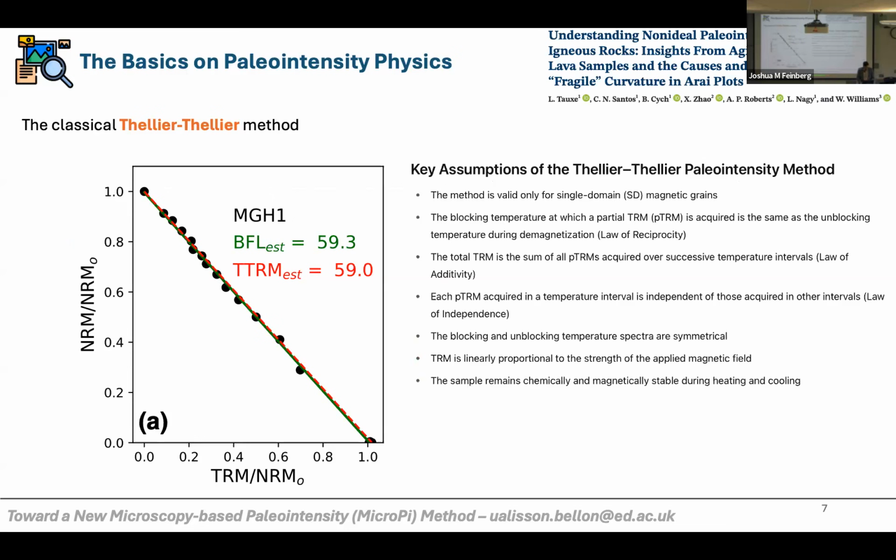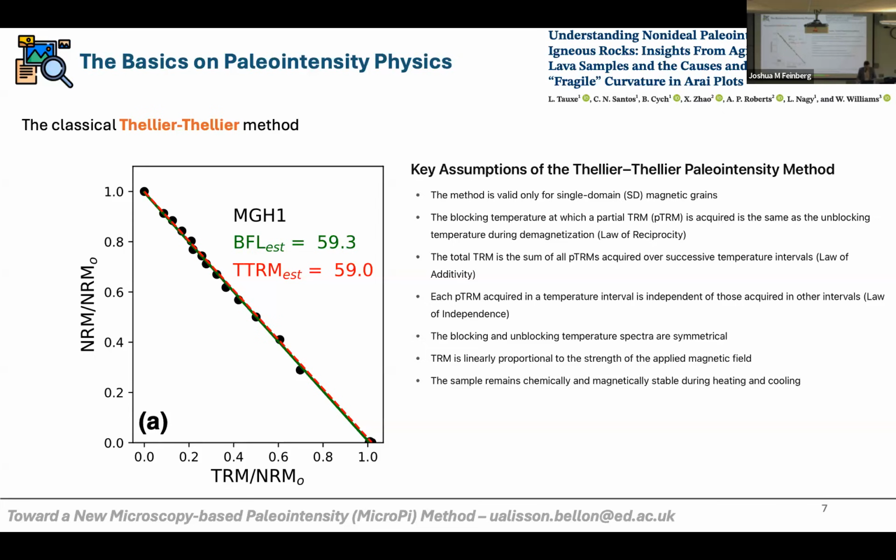But in reality, it's much more complicated than that because we have so many assumptions for this to be true. So first of all, we usually assume single domain assemblages, which can also be a problem, as Brendan's going to be talking about later. But we also need to have the law of reciprocity, so basically blocking and unblocking temperatures have to be the same.